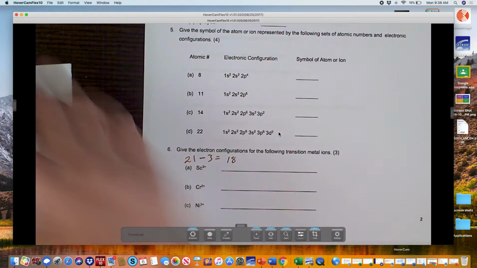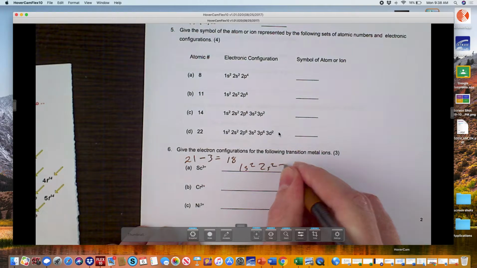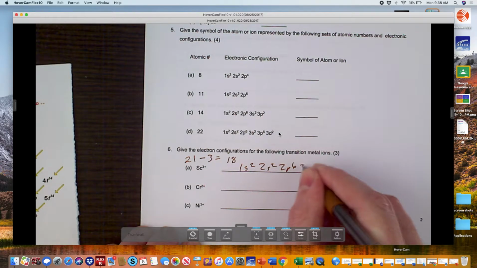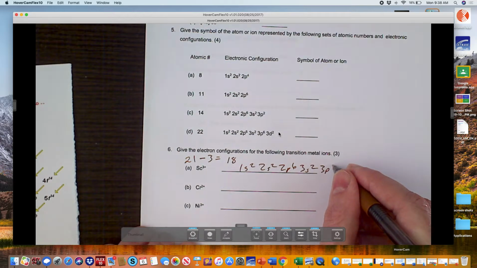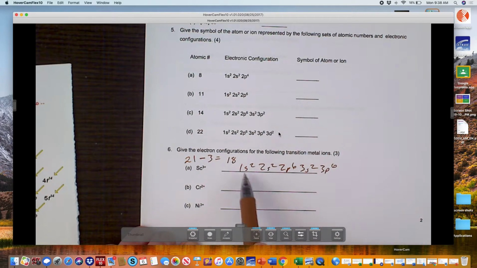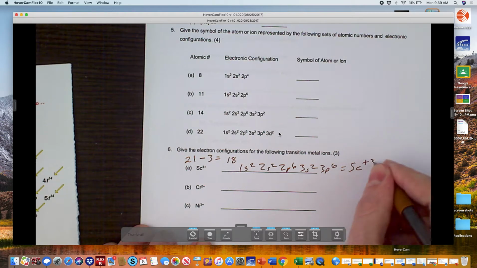All right, so I'm going to go up to 18. So 1s2, 2s2, 2p6, 3s2, 3p6. Let's see, what am I at? 2, 4, 10, 12, 18. Okay, so this equals Sc plus 3.